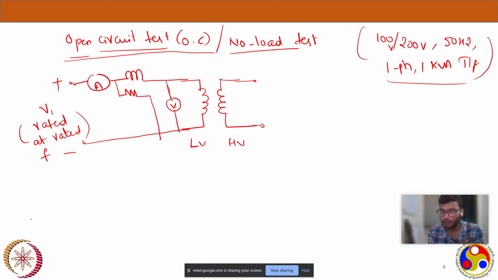Now when I give 100 volts to a transformer, you will get 200 volts at the output side. I am just drawing the equivalent circuit for this kind of arrangement. Now I have open circuit at the HV side. At the HV side, usually we connect a load, right? Since it is open circuited, there won't be any load there. Current won't flow.